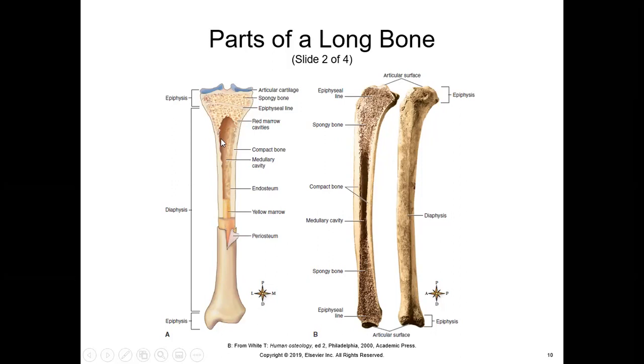This yellow marrow goes all the way up, and the red marrow fills in these cavities of the spongy bone. And on the end, we have this cartilage, which is called articular cartilage, because that's the articulating surface. This type of cartilage is made up of hyaline cartilage. We'll talk about that as well.